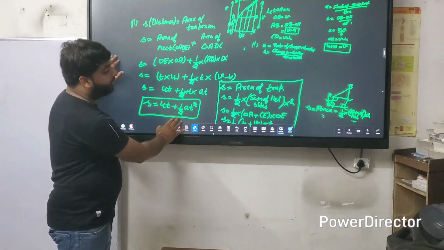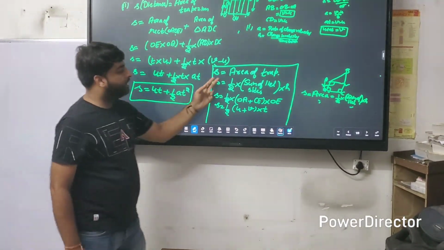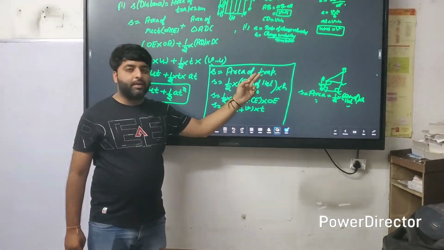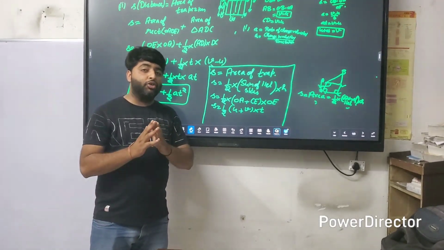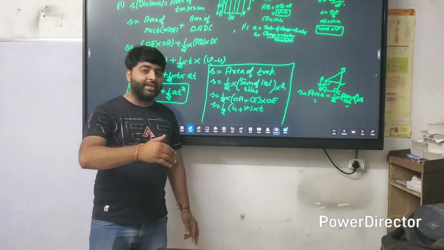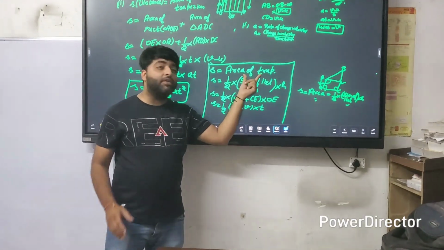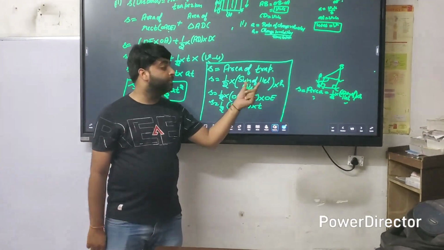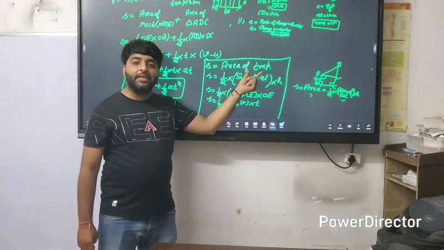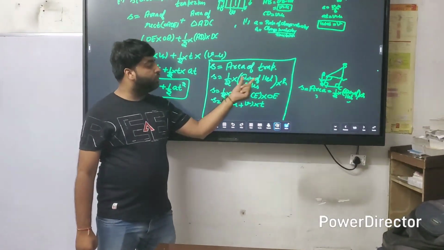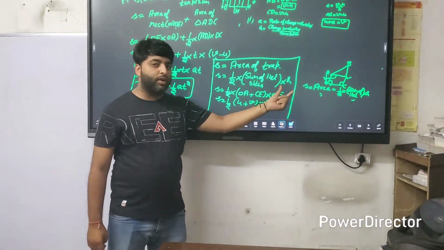Now if I find the third equation of motion, again we use area of trapezium, but this time we do not divide the trapezium into rectangle and triangle. We only put the formula of area of trapezium. So s is equal to area of trapezium, half into sum of parallel sides into height.